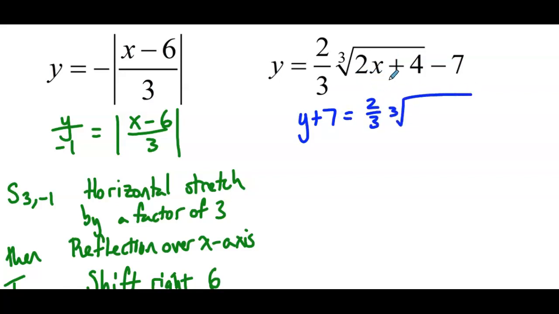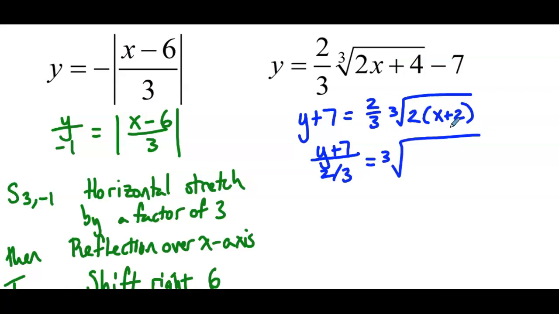And while I'm doing that, I'm also going to factor the 2 out here because I want just x in the numerator. Next, we can divide by 2/3. So we have y plus 7 over 2/3. That equals the cube root of, let's rewrite inside the parent function as x plus 2 divided by 1/2.